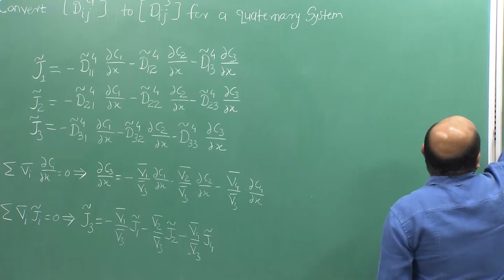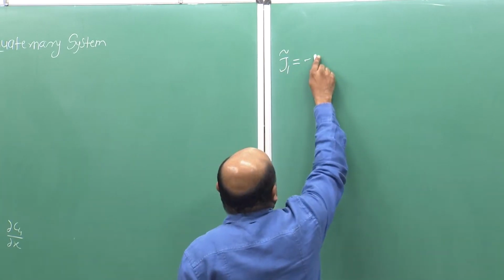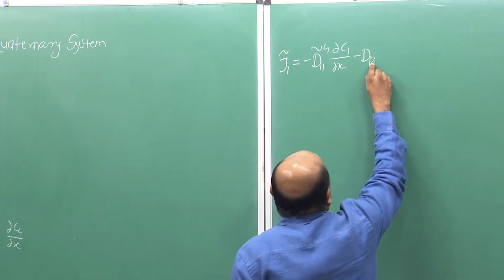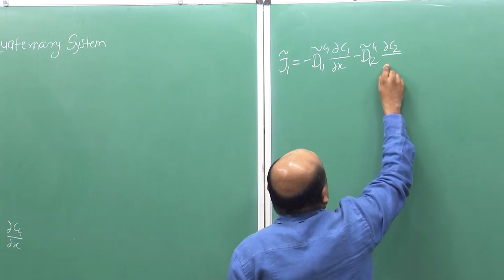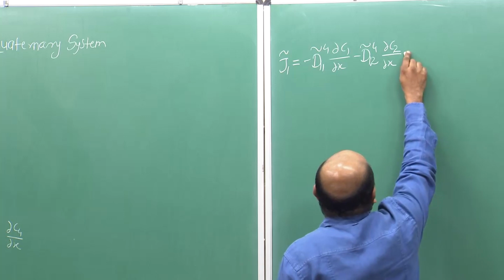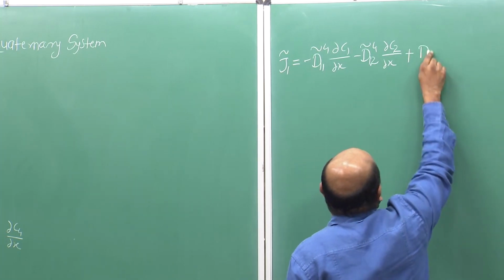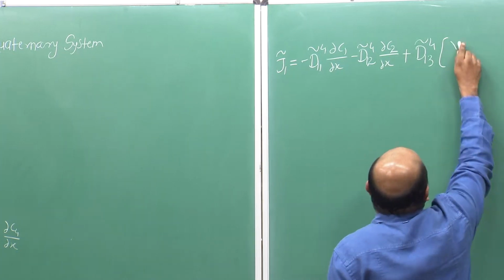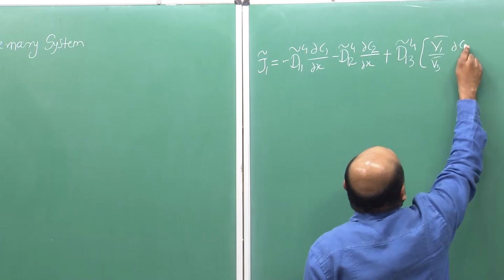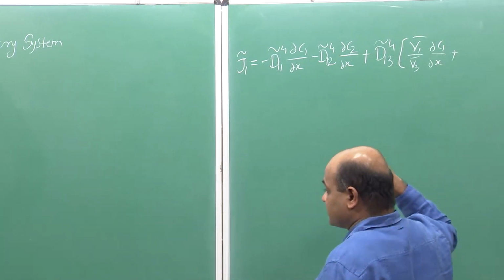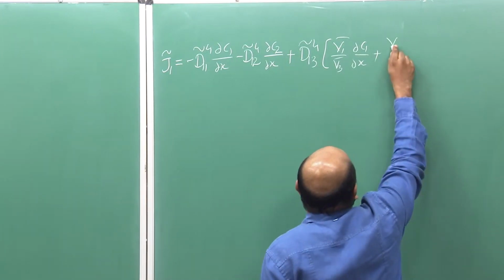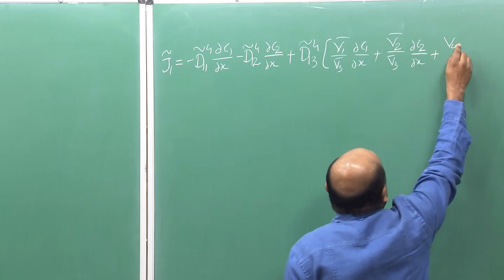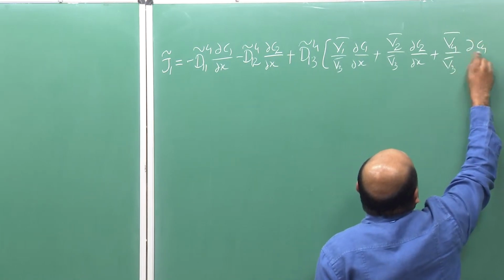So, we get J1 tilde is equal to minus D11 tilde 4 dou C1 by dou x minus D12 tilde 4 dou C2 by dou x minus, if we substitute for dou C3 by dou x, it will be D13 tilde 4 times V1 bar over V3 bar dou C1 by dou x plus V2 bar over V3 bar dou C2 by dou x plus V4 bar over V3 bar dou C4 by dou x.